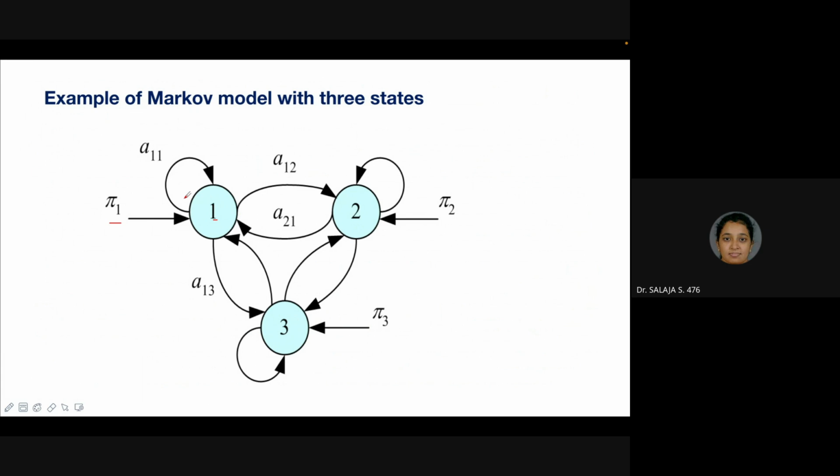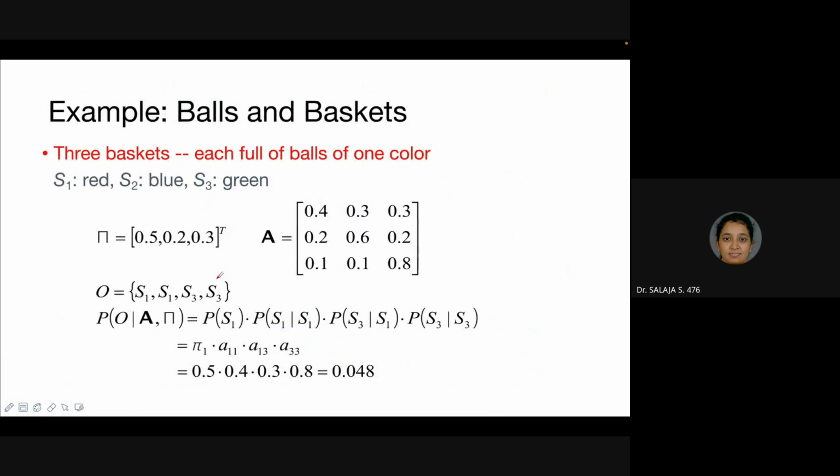If that's the case, what's the probability? A11 is the probability. The system can move on to state 2 from state 1 with A12 as the probability. The system can move on to state 3 from state 1 with A13 as the probability. The sum of A11, A12, and A13 will be equal to 1.